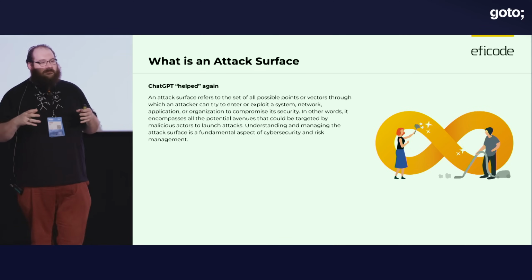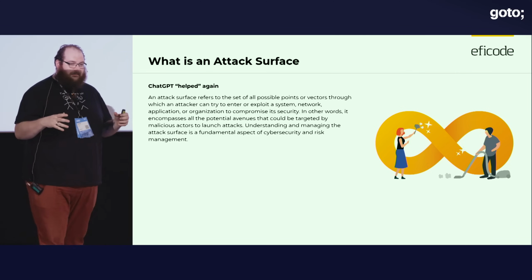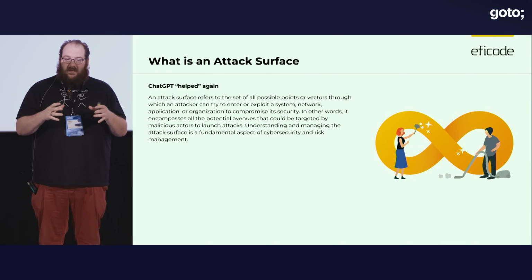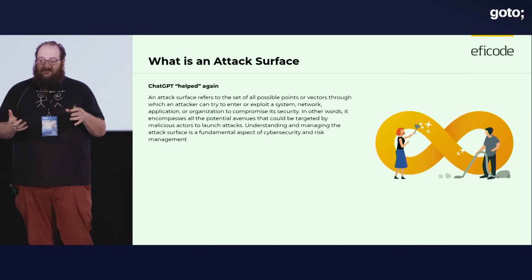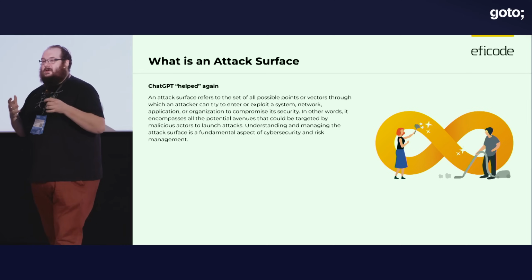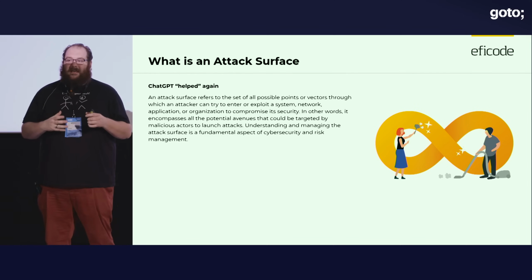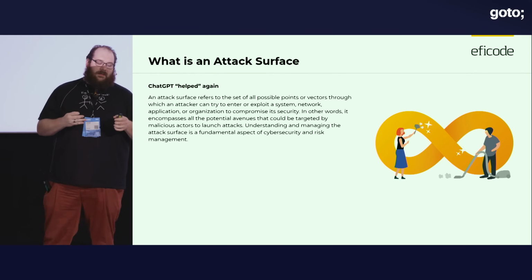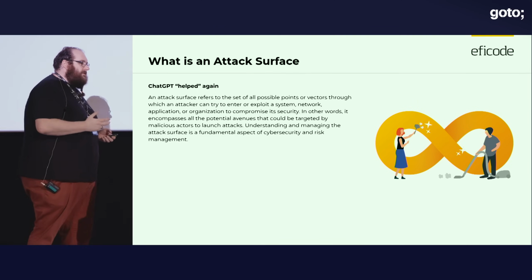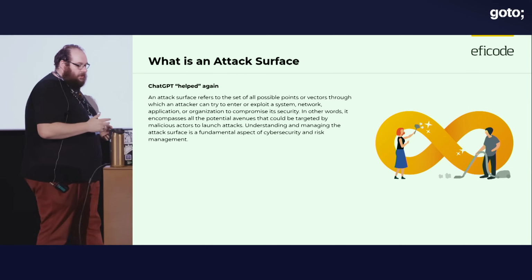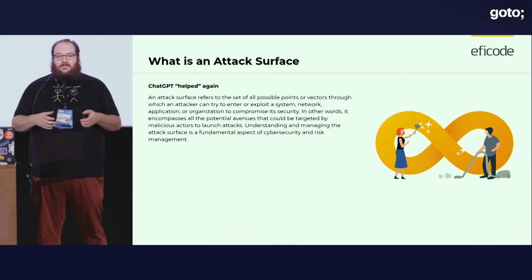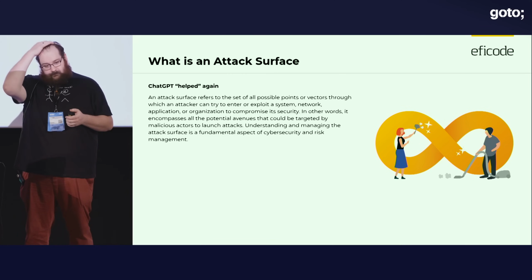Maybe you have a garden, a wall, a fence, a front door, windows, maybe a basement, maybe a ladder from the basement up into the main house. This is your attack surface. This is where people can get in. And this is what we're thinking about when we're talking about attack surface mapping. We want to determine where people are able to move and interact with your system.